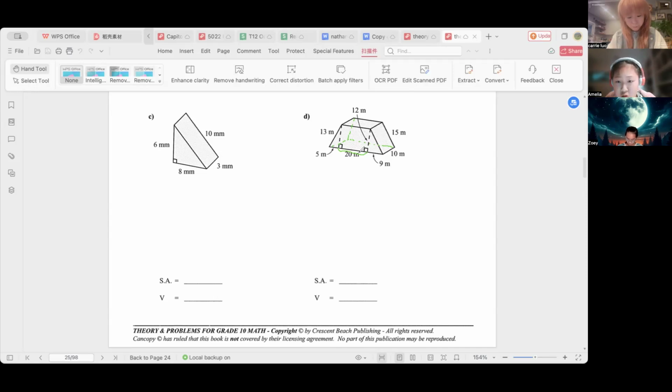Wait, which one's 12? Oh wait, there's an arrow. I see.